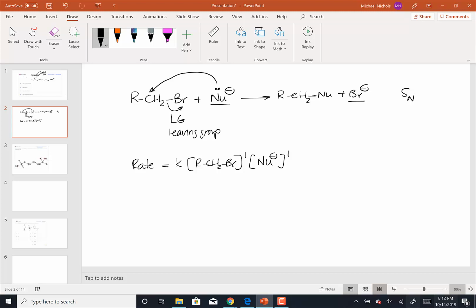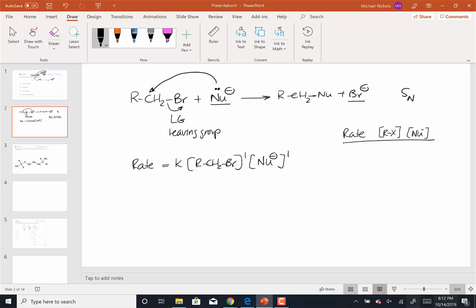Okay, that's what was determined experimentally, and they did that by determining the rate of the reaction and looking at the concentration of the alkyl halide and the concentration of the nucleophile.